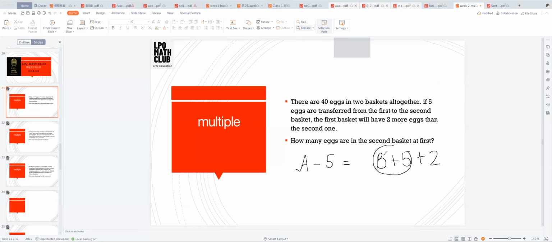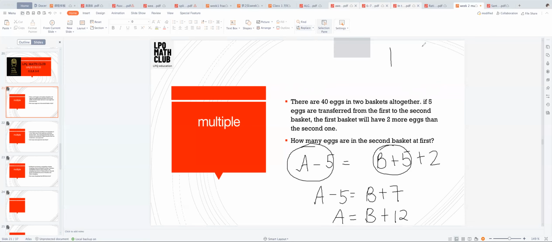Because this is what basket B has later, and this is what basket A has later, and basket A is still 2 more than basket B, right? So that means A minus 5 equals B plus 7. So A equals B plus 12.